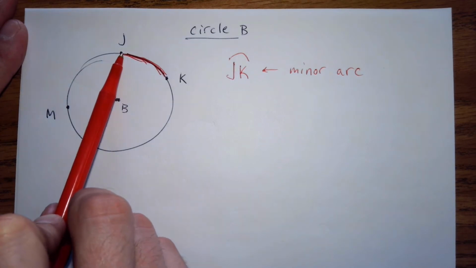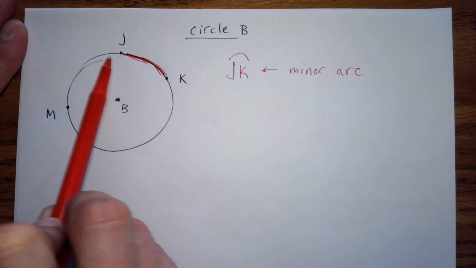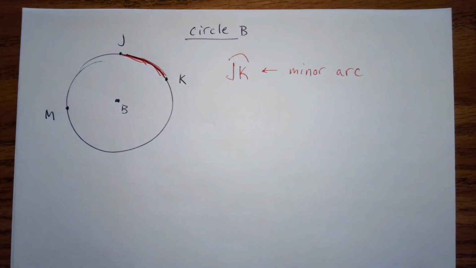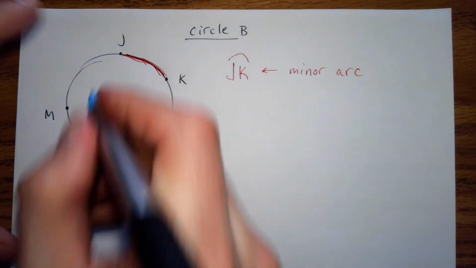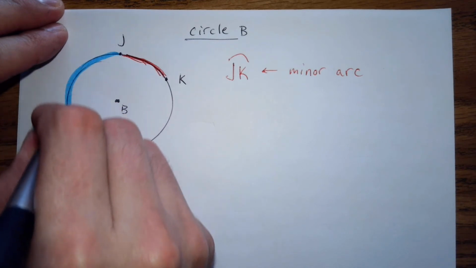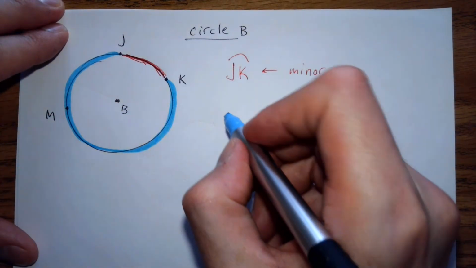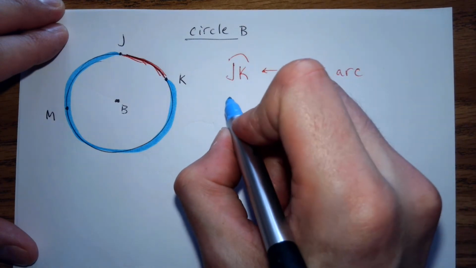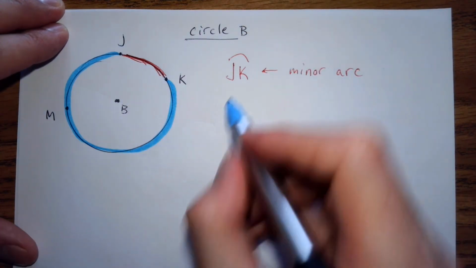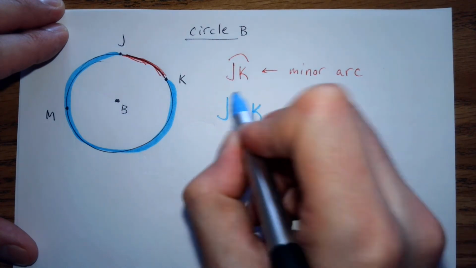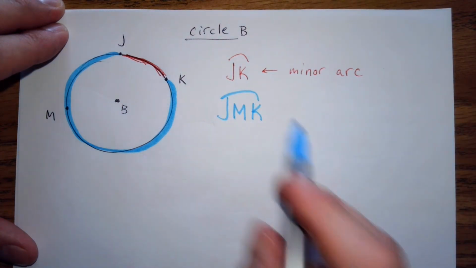Just because it's the shortest distance between J and K. The major arc would be going backwards all the way around. So that would be the major arc. I don't know if you can see this, but since we're going the other way, we'll say J, M, K with a little arc mark over it.